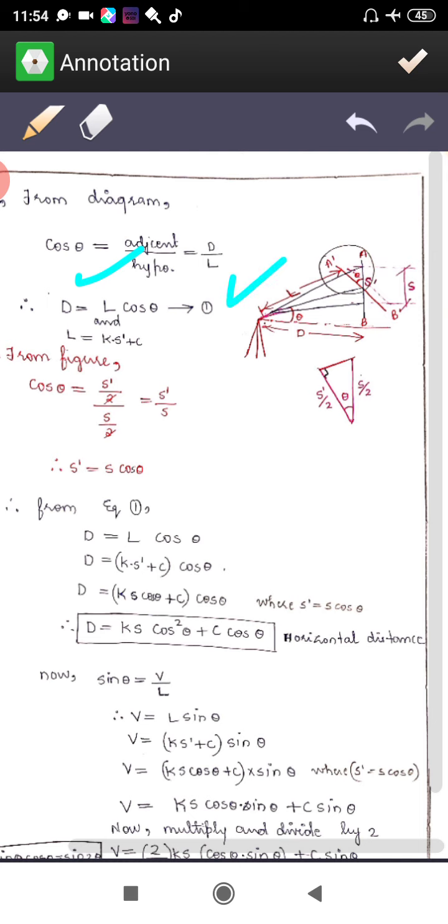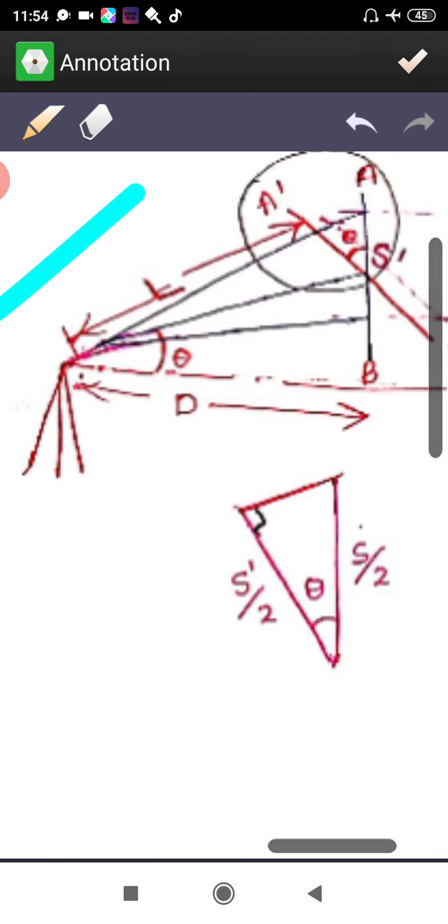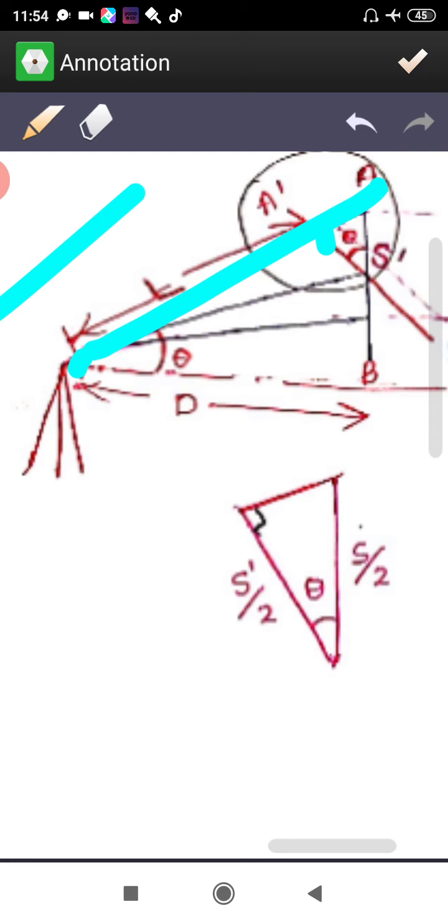But this L is going to be K S dash plus C. Now you know that the distance between the central and the staff is going to be K into S dash plus C, that is going to be KS plus C, right? S dash I have taken because we are not going to take S, but we are going to take this S dash.